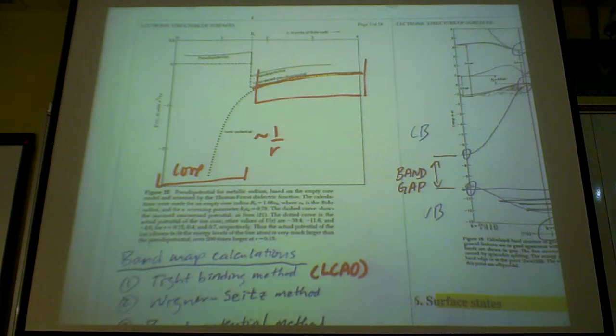They are more interested in the loosely bound valence electrons, because why? Because you can take these out and do things with them. You don't need a lot of energy to move an electron from the valence band, for example, to the conduction band.